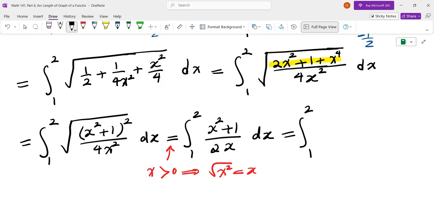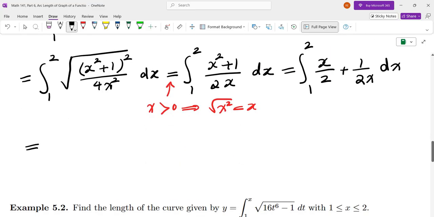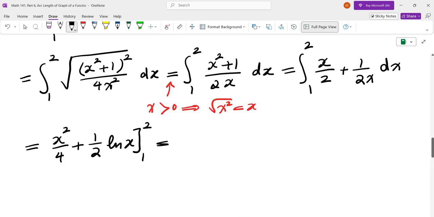Integrating this requires you to split this into two different integrals. We get 1 over 2x, and then each one of these can be integrated. So the first one is x squared over 4, and the next one is 1/2 natural log of x, from 1 to 2. So plug in the values.